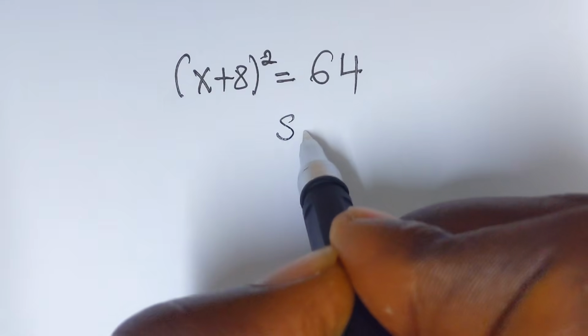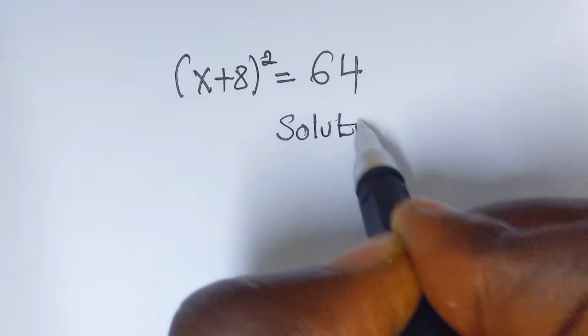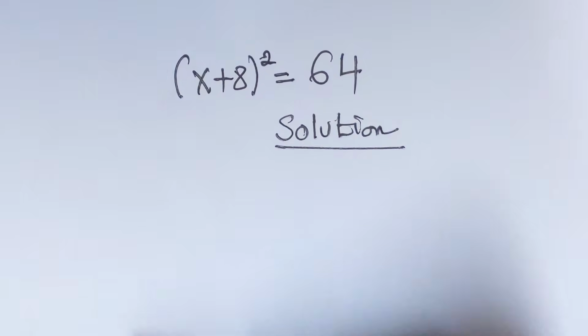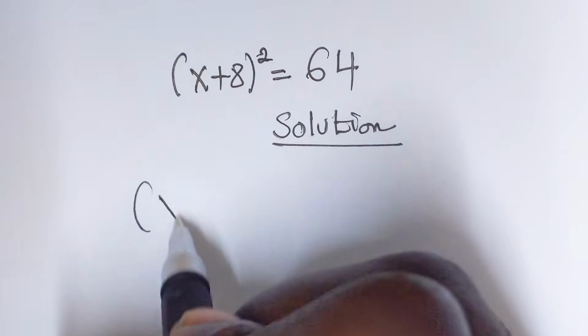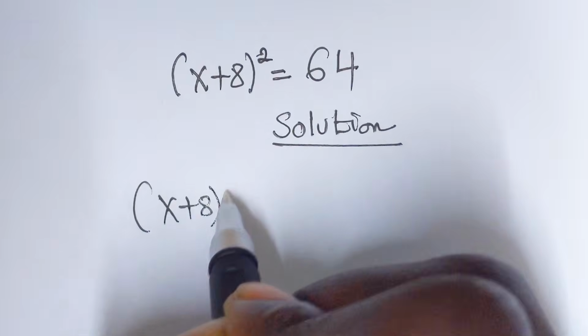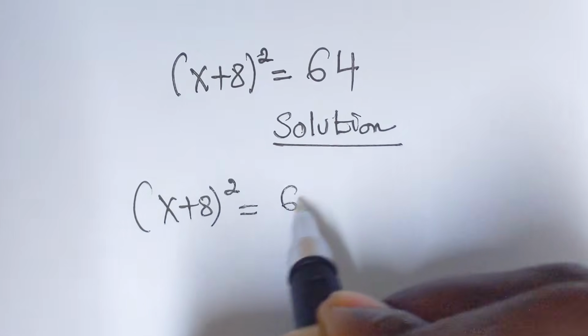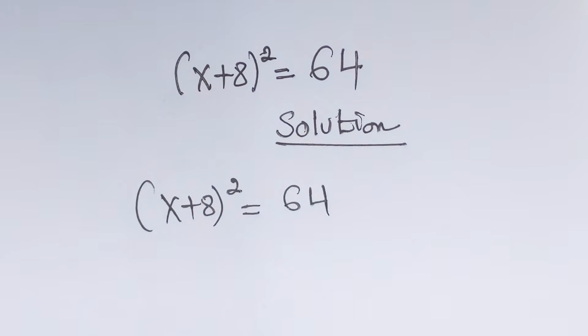Solution. And here we have to copy what we have. We have (x + 8)² = 64.